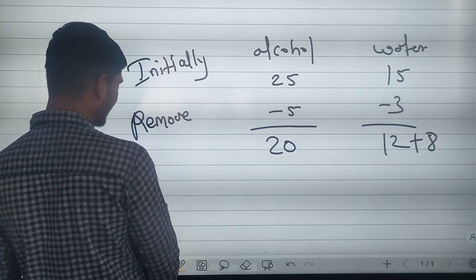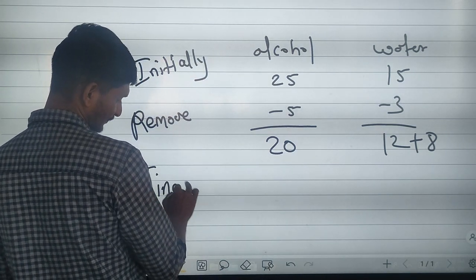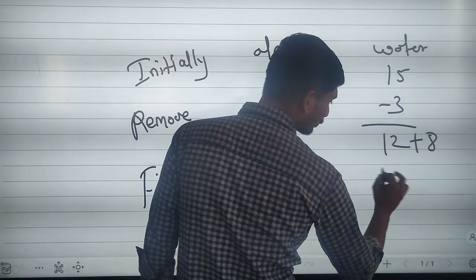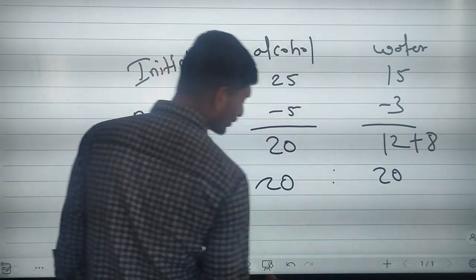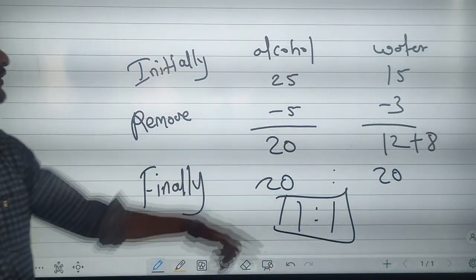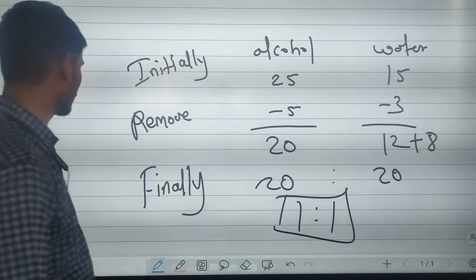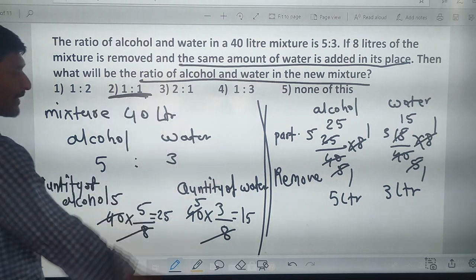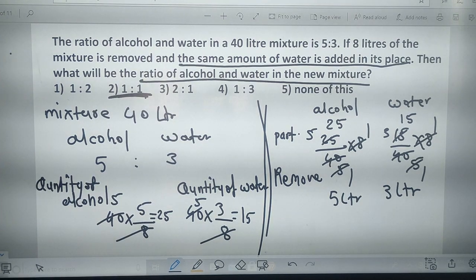Then finally here 20 liter alcohol and 20 liter water. Then the ratio is 1:1. Your answer is 1:1.